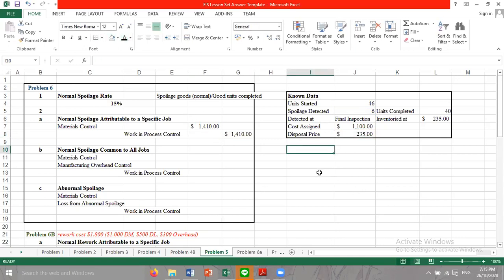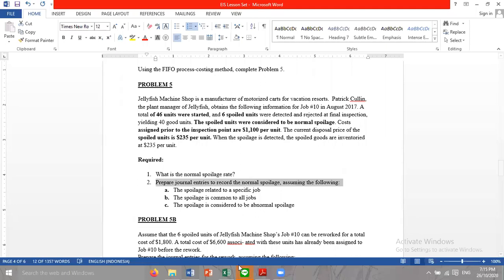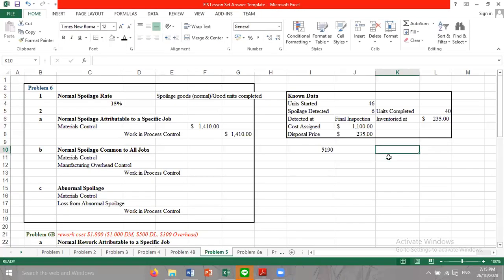Now, why is it just like this? Well, because as you can see, the loss in value, which is 1,100 minus 235 times 6, this 5,190 will be left in the work in process control. So, for example, it was 1,100 per unit, right? Normally, if 40 goods are completed without any spoilage, we'll have an inventory cost of 40 times 1,100, 44,000, right?